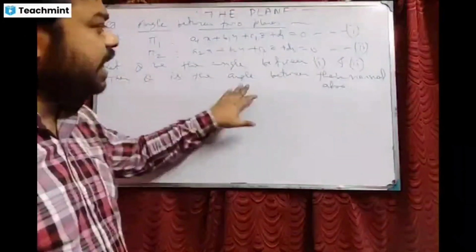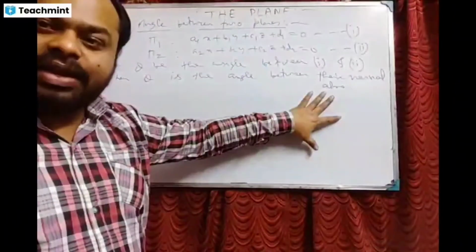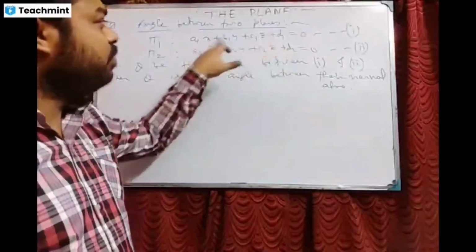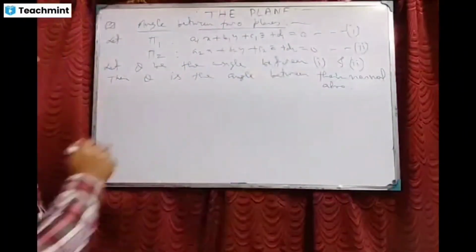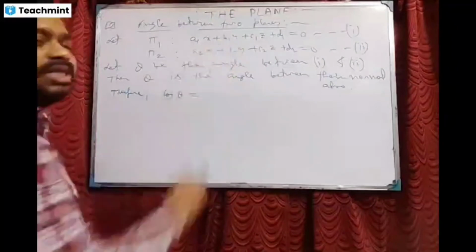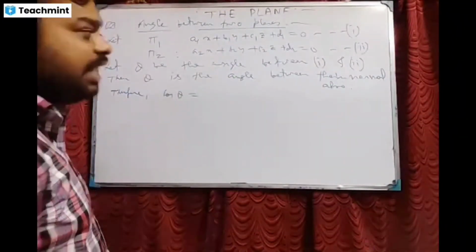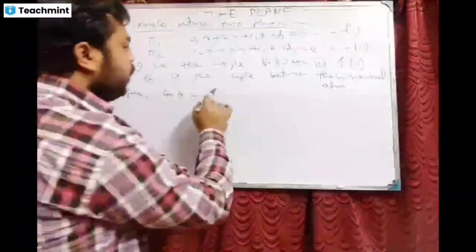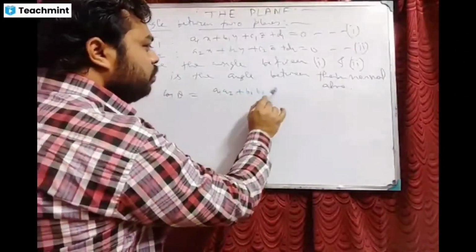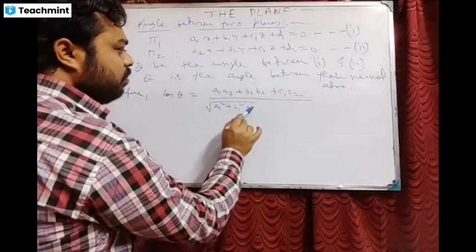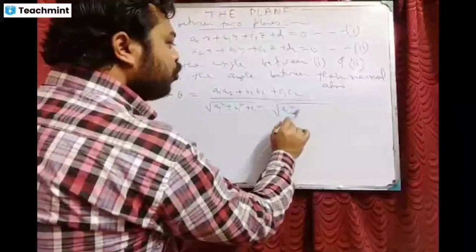So if theta is the angle between their normals, and the direction ratios of the normals to the planes are A1 B1 C1 and A2 B2 C2, then cos theta equals A1 A2 plus B1 B2 plus C1 C2, whole divided by root over A1 square plus B1 square plus C1 square, into root over A2 square plus B2 square plus C2 square.